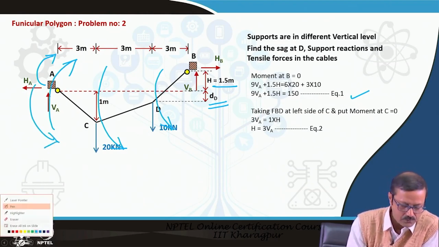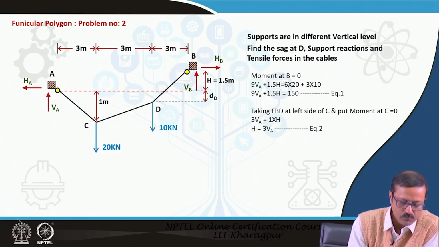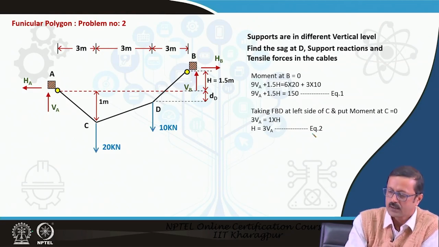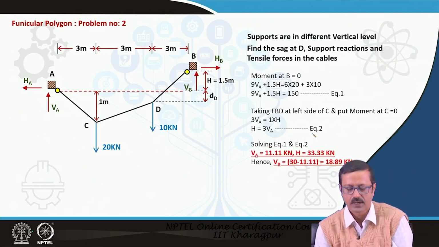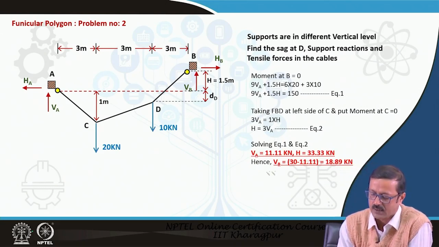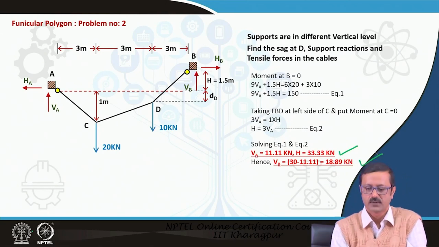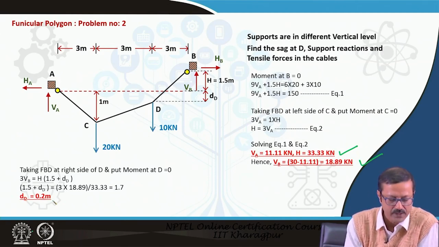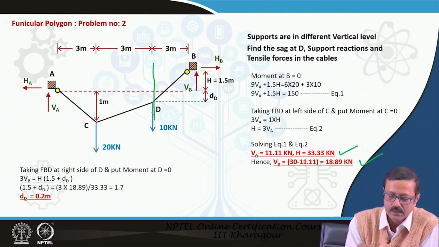That gives me equation 2, which is used with equation 1 to substitute and find the values of VA and VB, and gradually the value of H can also be found out. Finally I can find the value of DC by taking the free body at D and this part.